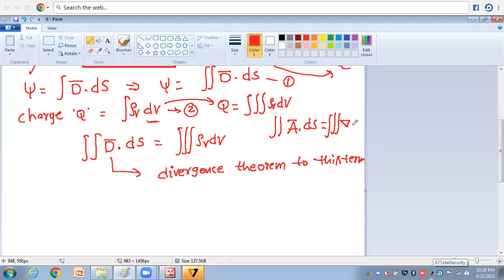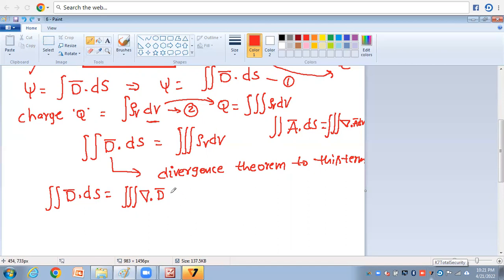Again, the divergence theorem: del dot A bar dv. Now, when I apply the divergence theorem to this term, it is converted to a triple integral. So the double integral D bar dot dS is equal to the triple integral of del dot D bar dv.